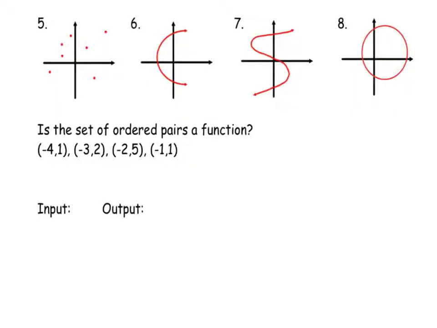When we look at these graphs, if I draw my vertical lines, I can draw this one vertical line that crosses two of these red points or red dots. So that means this is not a function. This next one again, if I graph this vertical line, I have two intersections, so it's also not a function.